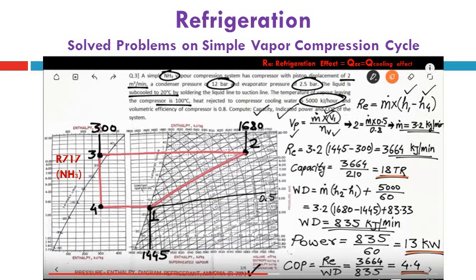The first step is to estimate the cooling effect using the refrigeration effect equation, nomenclatured here as RE equals m dot refrigerant multiplying by H1 minus H4.